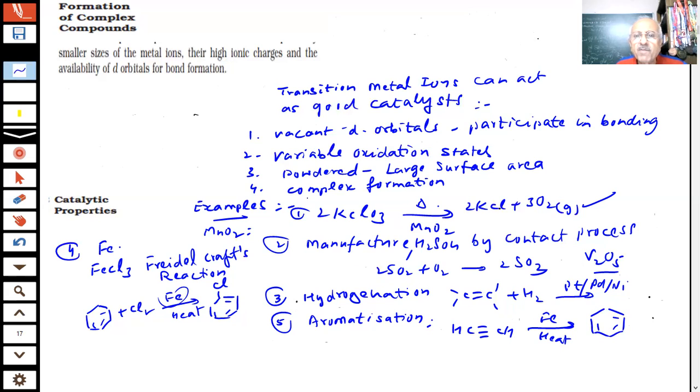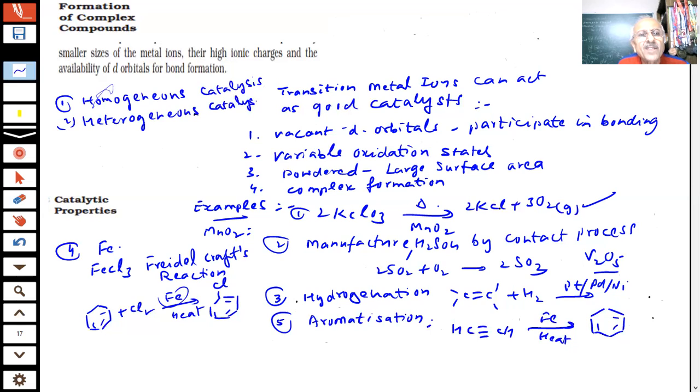Some of the very important catalysts which are repeatedly asked, I am just giving a revision of them. There are two types of catalysis, students, that you also know: homogeneous and heterogeneous catalysis. Are you aware of these, students?